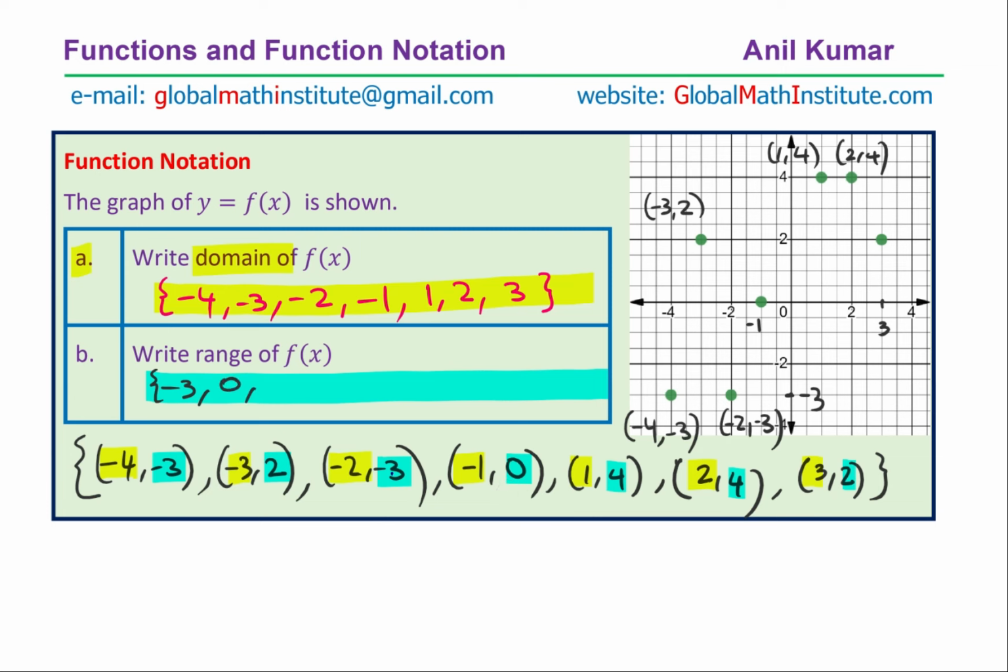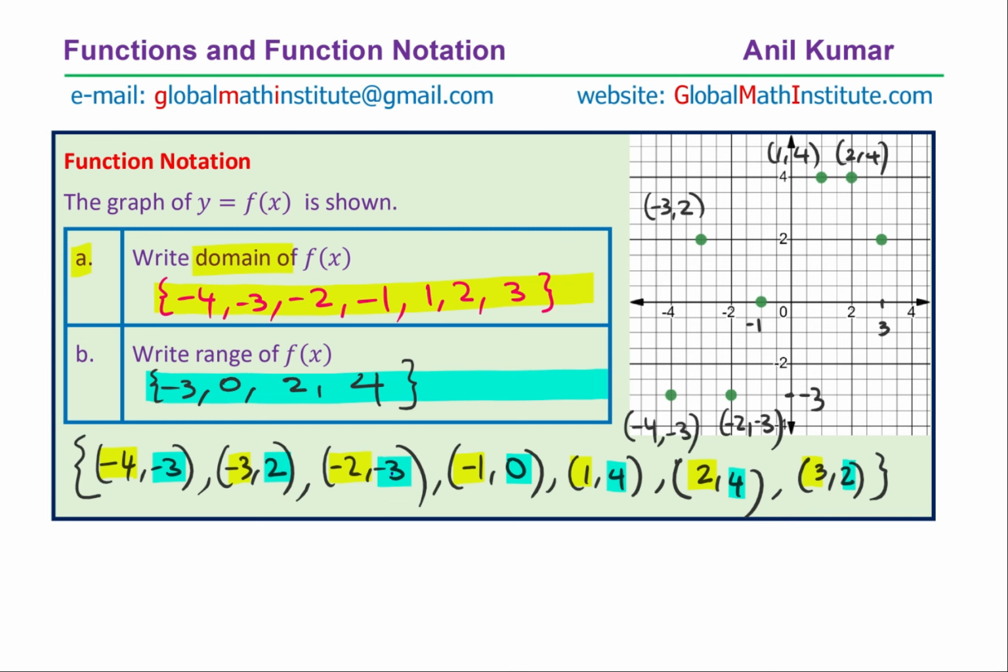And then we have, as we go up, 2 and 4. So when you write range, there are some duplicate numbers. So each element should be written only once. Do not write them twice. That is very important. So there are 4 elements in the range and there are 7 elements in the domain, right? It is a function. Is that clear to you?